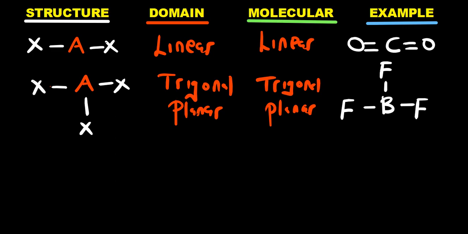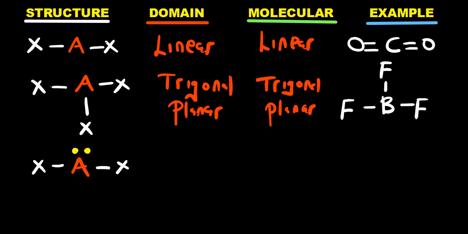Now you can also have another arrangement of a trigonal planar. Let's say this is our central atom connected to these two things. Then we have lone pairs here.